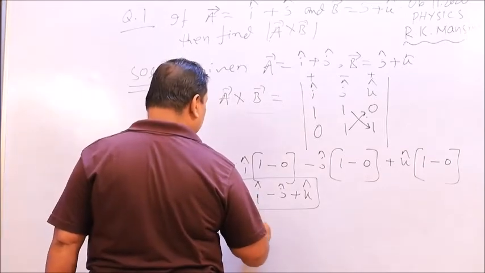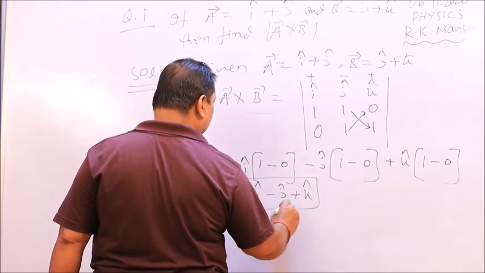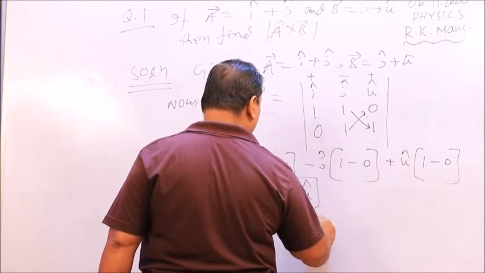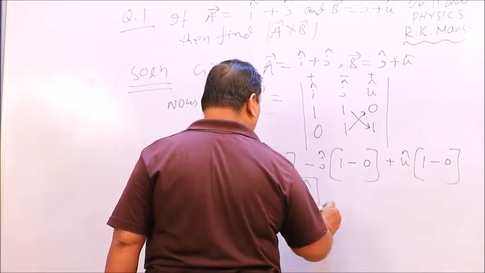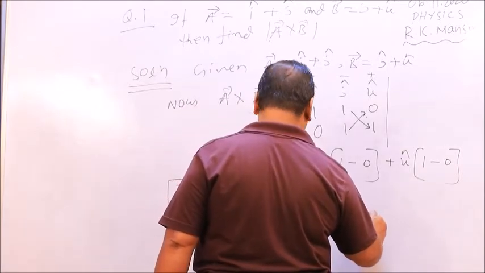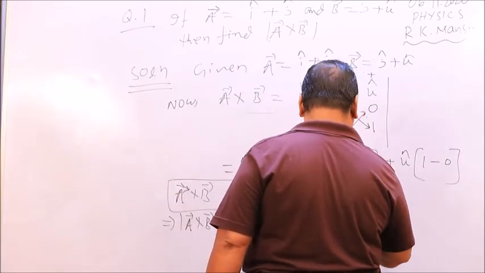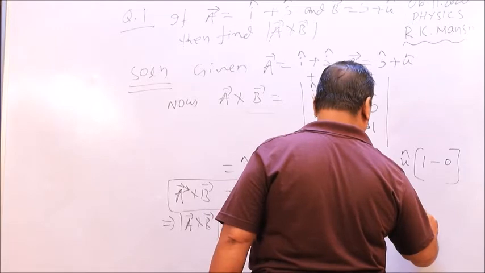The coefficient of i cap is 1 squared, the coefficient of j cap is minus 1 squared, the coefficient of k cap is 1 squared, root over all. That is 1 plus 1 plus 1, which gives root 3.